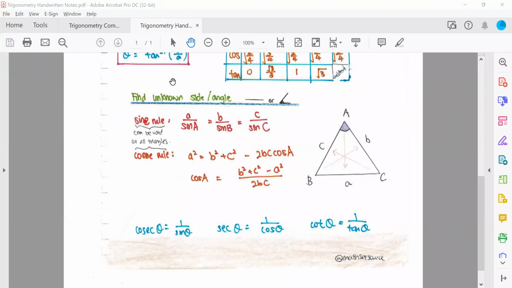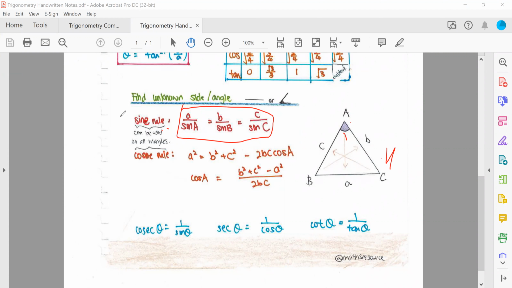So the next concept that we should know is the sine rule. The sine rule can be used on all types of triangle. So a over sine A is equal to b over sine B, which is equivalent to c over sine C. So what does this mean? If you look at this triangle here, we can label A as the angle here.